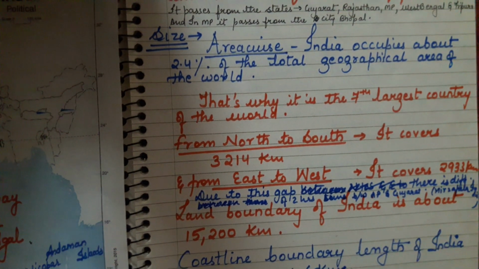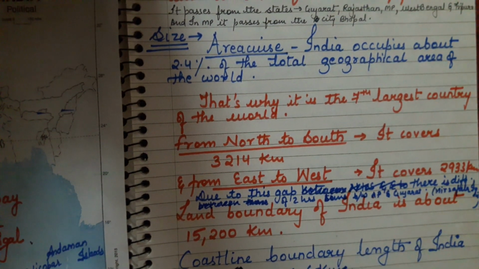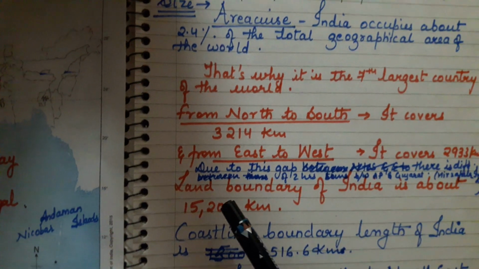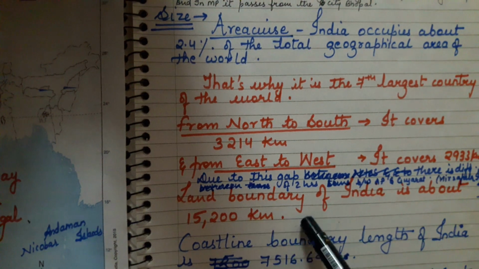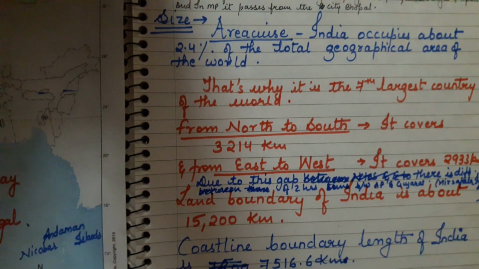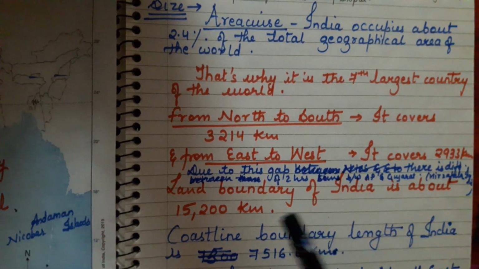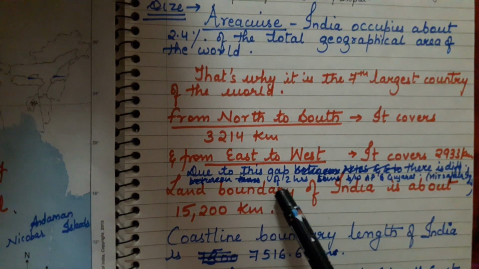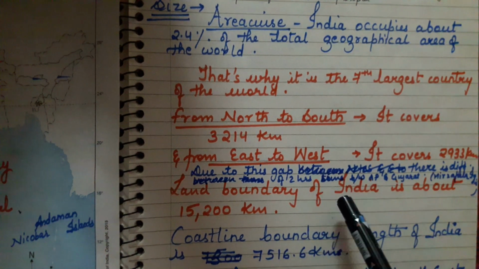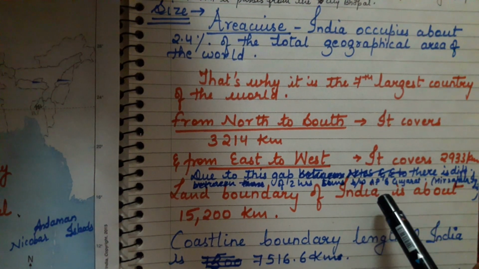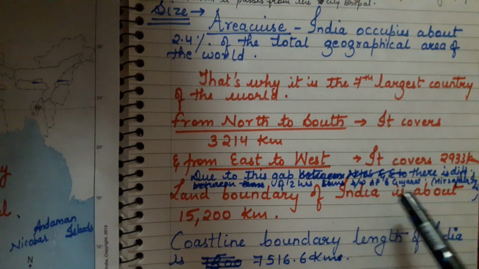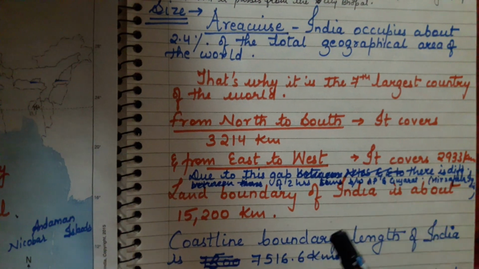But there is a gap, and this gap from east to west creates a 2 hours time difference between Arunachal Pradesh and Gujarat.